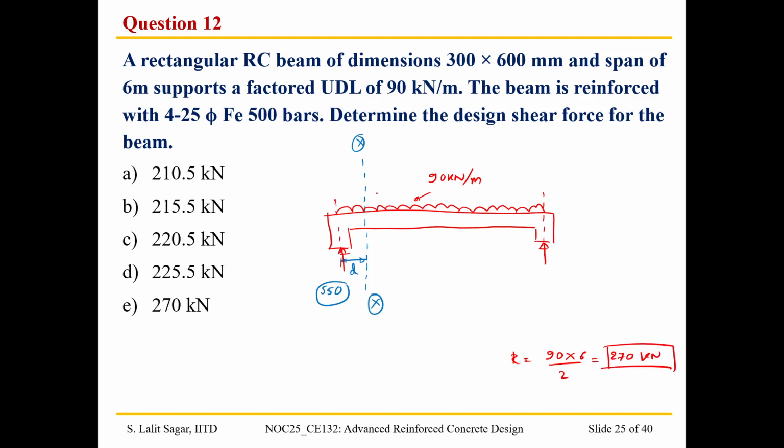But the critical section lies at a distance of d from this central plane. So the design shear force would be 270 minus 90 into 0.55. With that information, please let me know what is the correct answer.